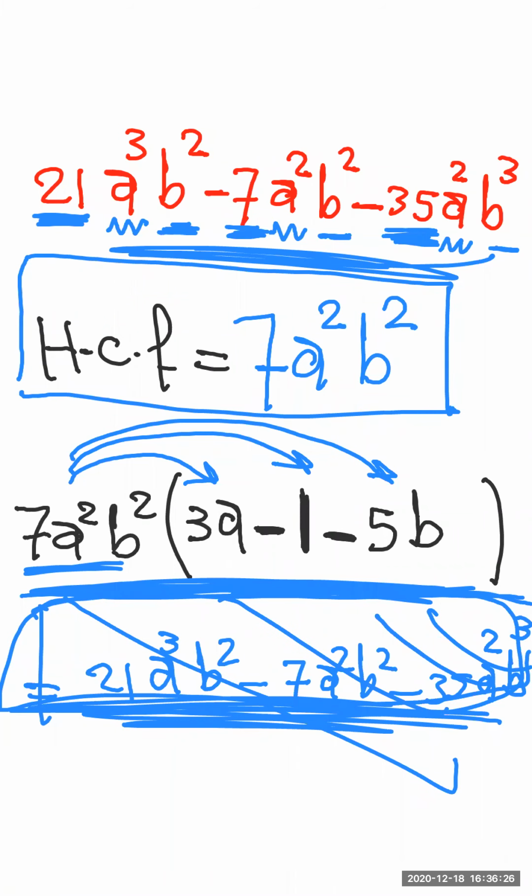Okay, guys? Sometimes the HCF of an algebraic expression consists of more than one algebraic term. Here it's only one algebraic term, 7A squared, B squared. Sometimes it will be more than one term. Like what? Like this example.